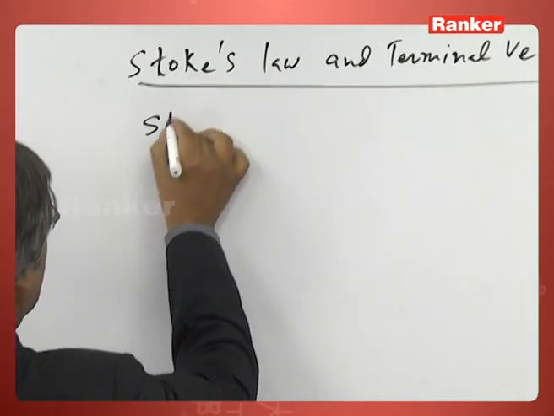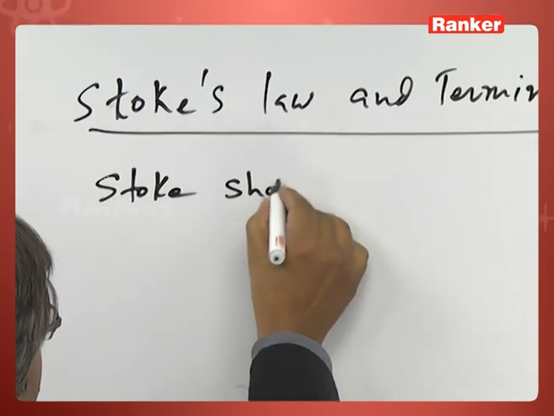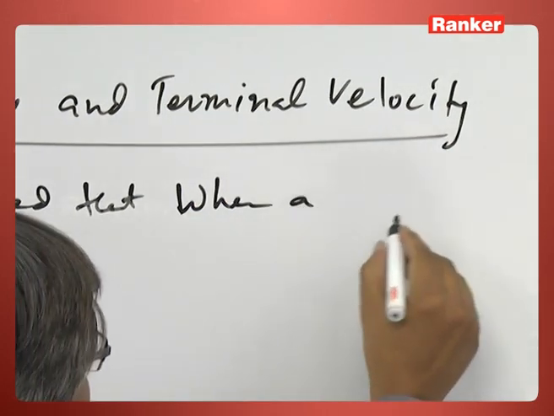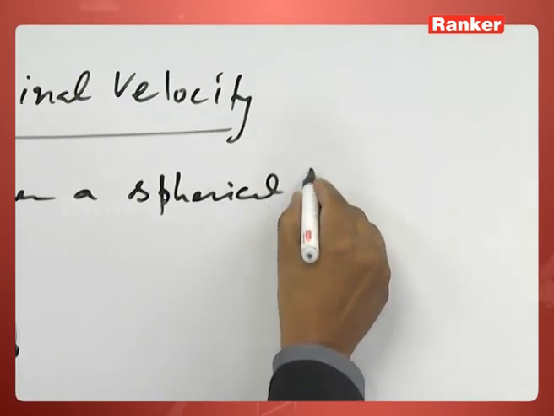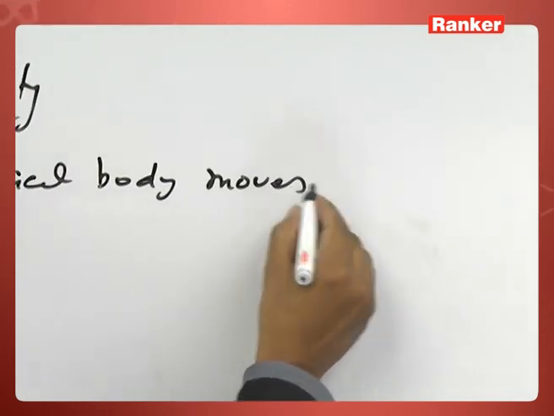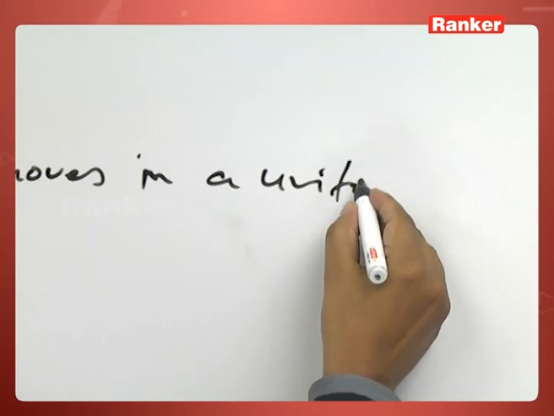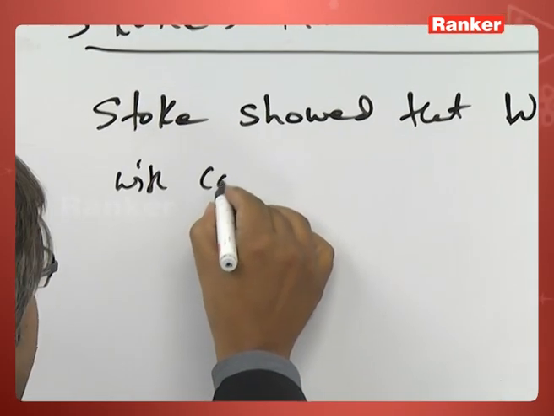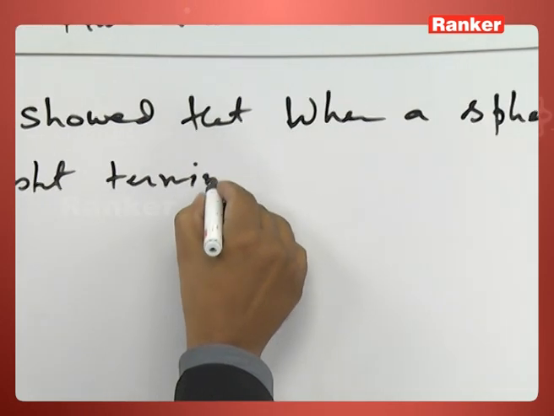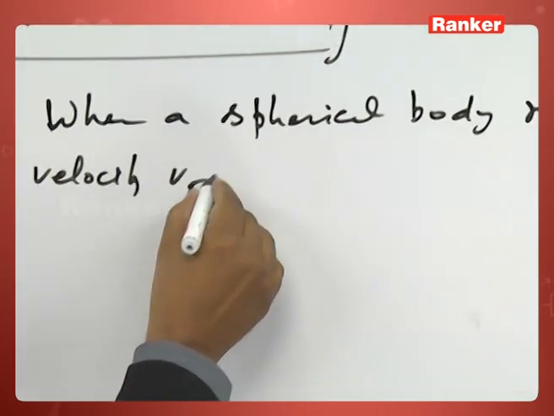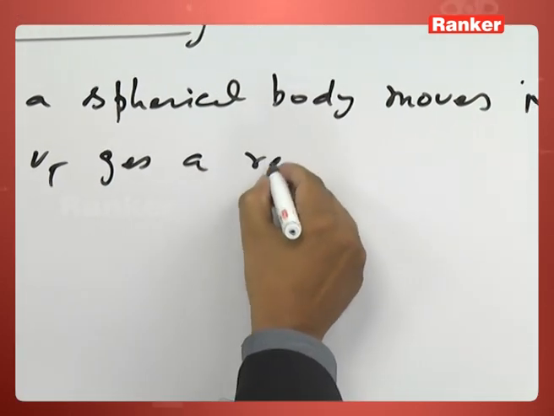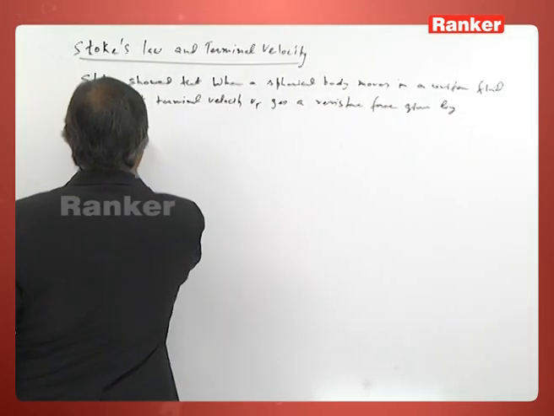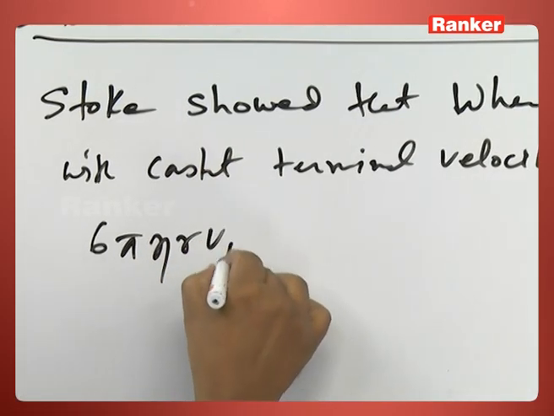So Stokes showed that when a spherical body moves in a uniform fluid with a constant terminal velocity Vt, it gets a resistance force given by 6 pi eta r Vt.